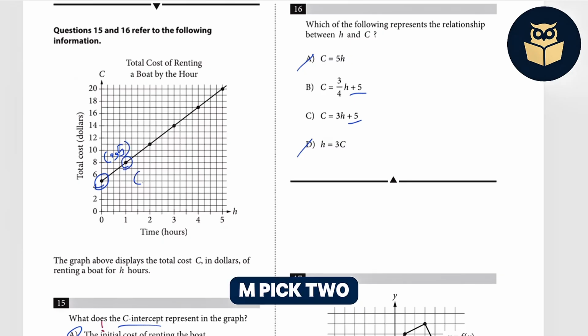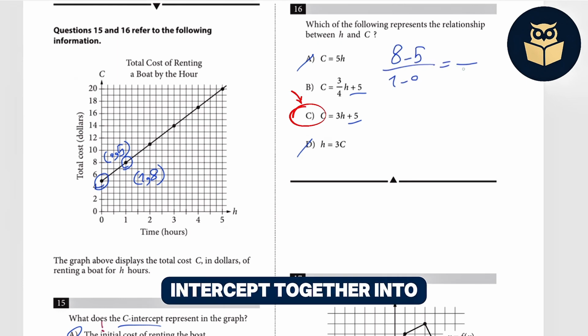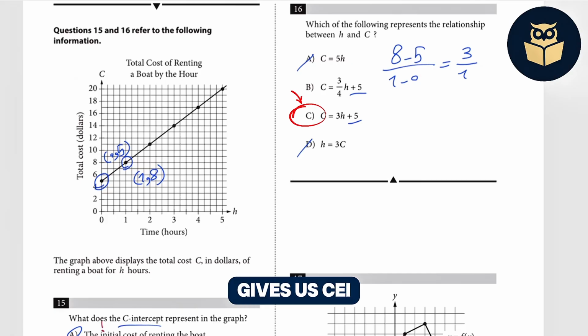To find the slope m, pick 2 points on the line, (0, 5) and (1, 8). The rise over run is (8 − 5) over (1 − 0), which is 3. Putting slope and intercept together into y = mx + b gives us c = 3h + 5. That aligns right with choice C.